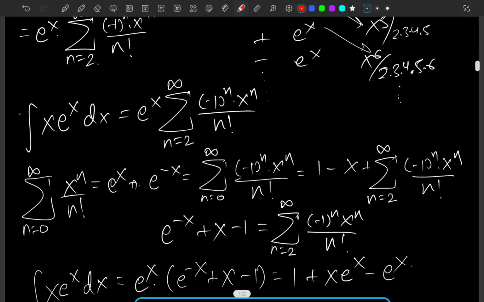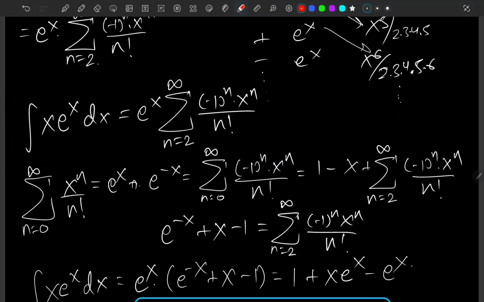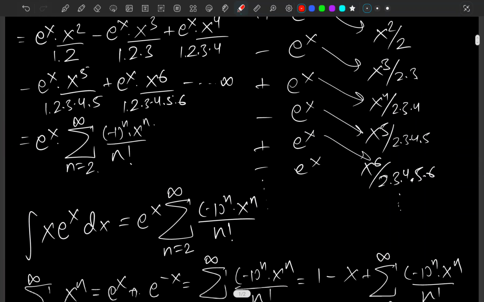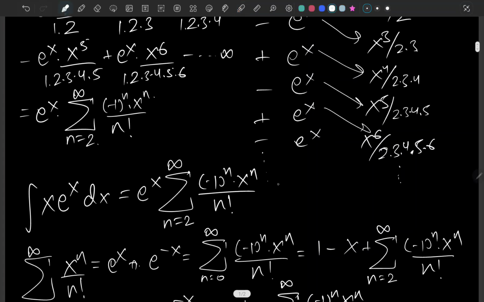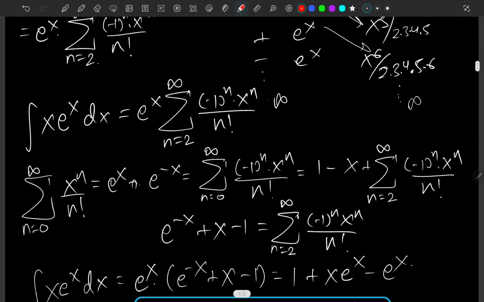Okay, so basically we have this thing. Isn't that cool? Because till now I don't think I made any kind of mistake, but I'm not sure about infinity here. Maybe infinity is playing with us, and that is why I'm getting a wrong answer from this method. Well, I'll tell you.